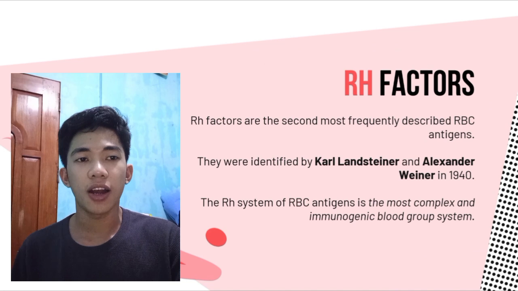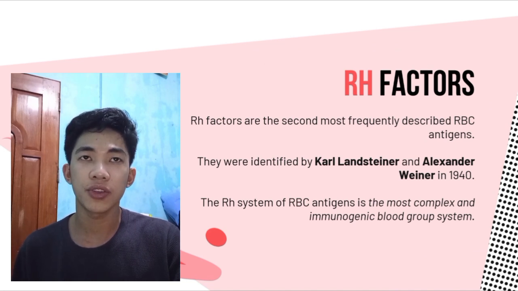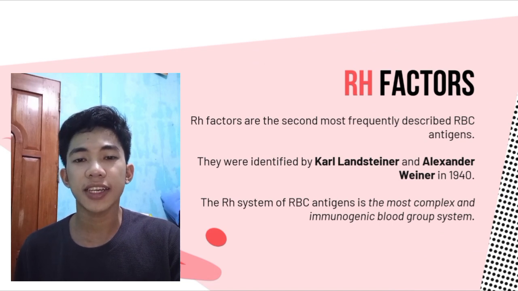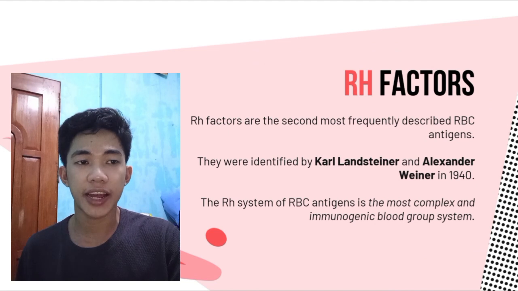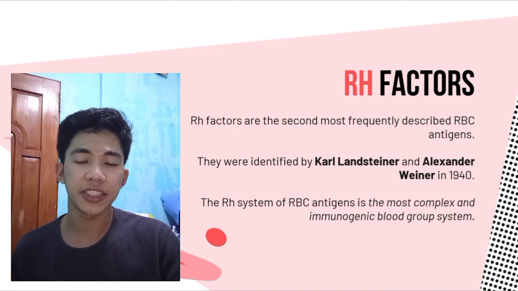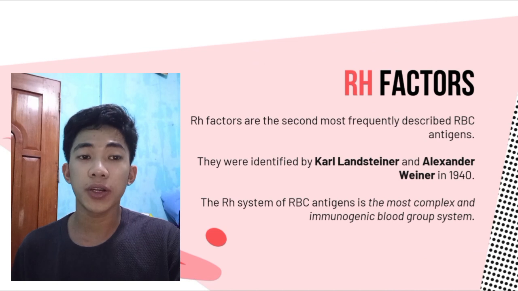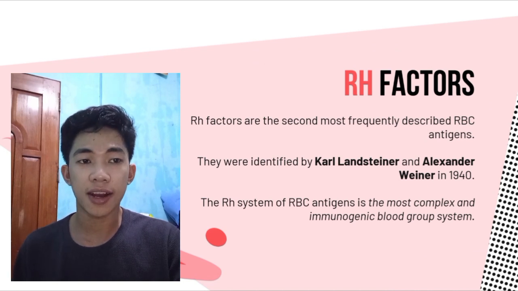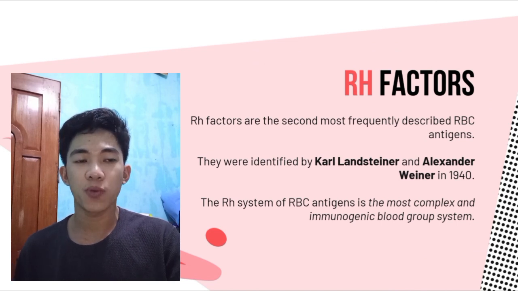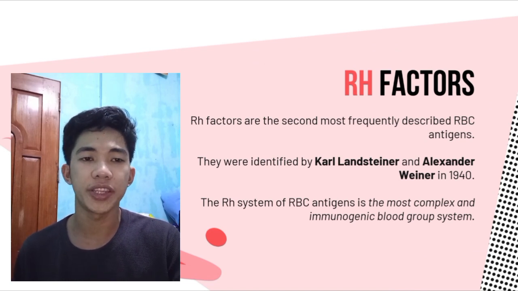So another important thing to remember during blood transfusion is the RH factors. RH factors are the second most frequently described RBC antigens, or antigens that are found on red blood cells. They were also identified by Karl Landsteiner, same with the ABO blood group, but this time he was with Alexander Weiner in 1940.